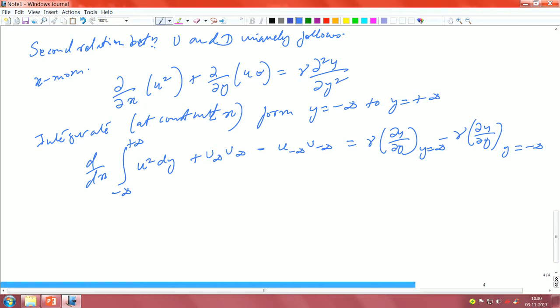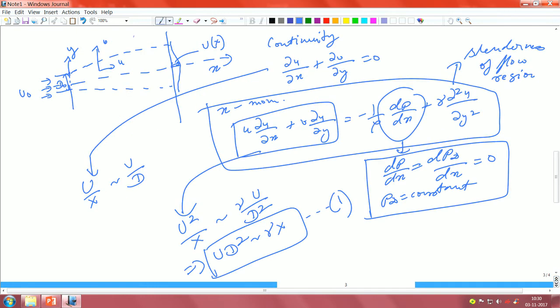So, we have taken a section which you can see over here, and we are basically integrating across this particular direction, that is minus infinity to plus infinity, got it.